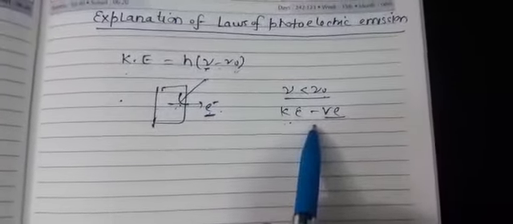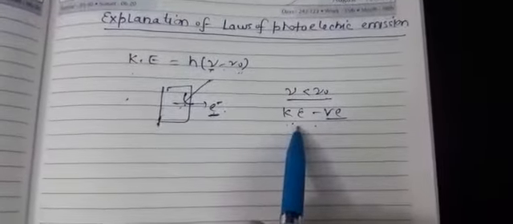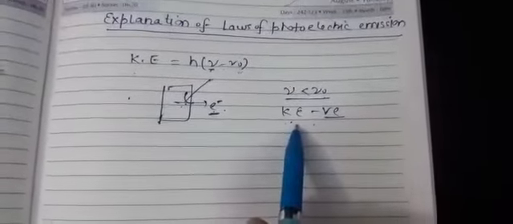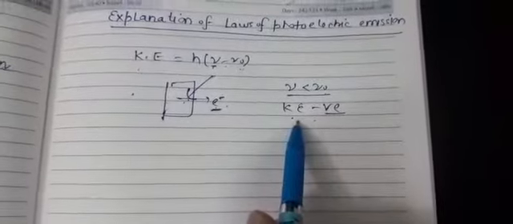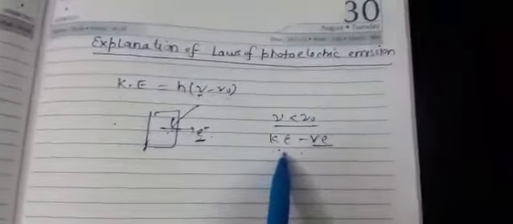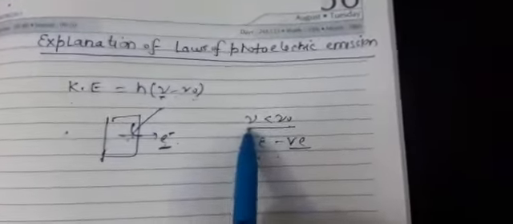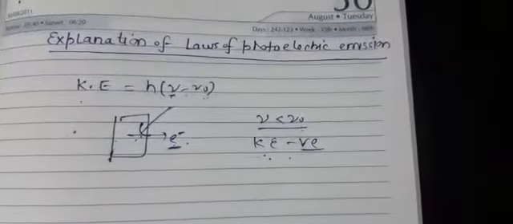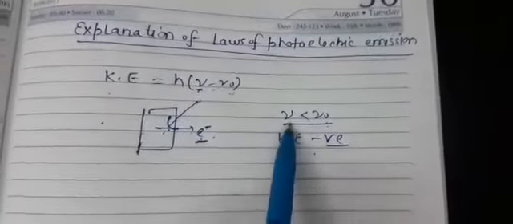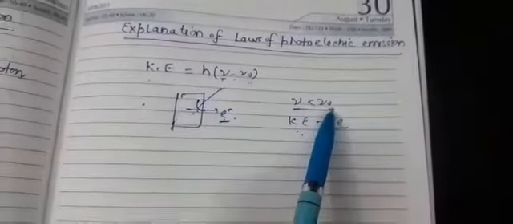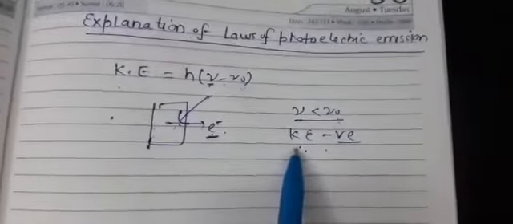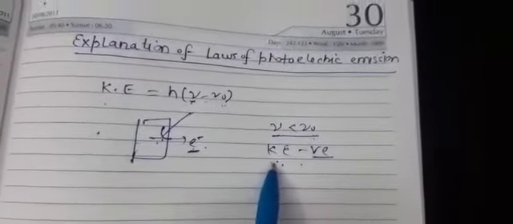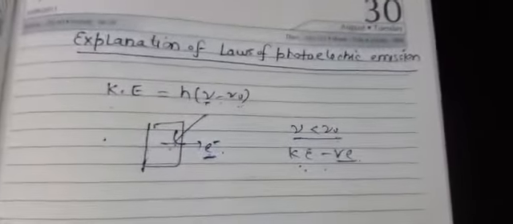So in that case photoelectric emission does not take place for incident radiation whose frequency is below the threshold frequency. This is the second law of photoelectric emission. If the incident frequency is less than the threshold frequency, then emission of photoelectrons will not take place, because in that case kinetic energy will become negative.